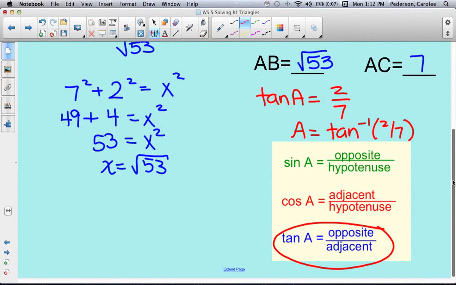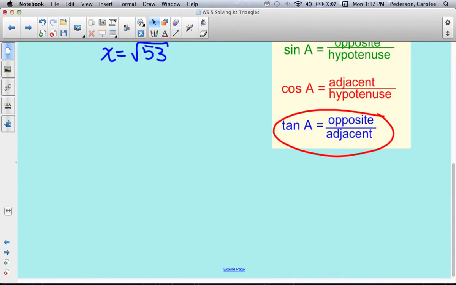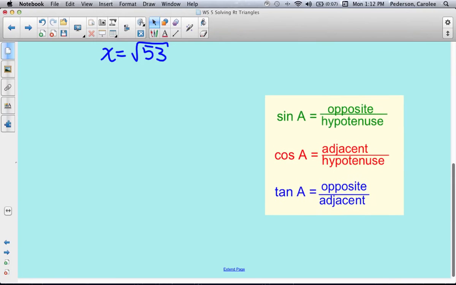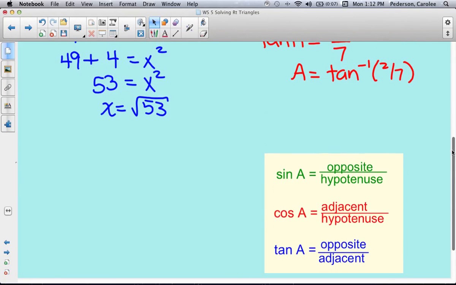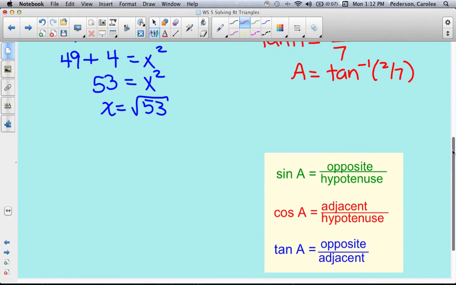Go second tangent, 2 divided by 7, and enter. I'm bringing this down. And what you get for an answer is A is approximately 15.94. So A equals, we'll just round it to 16 degrees.